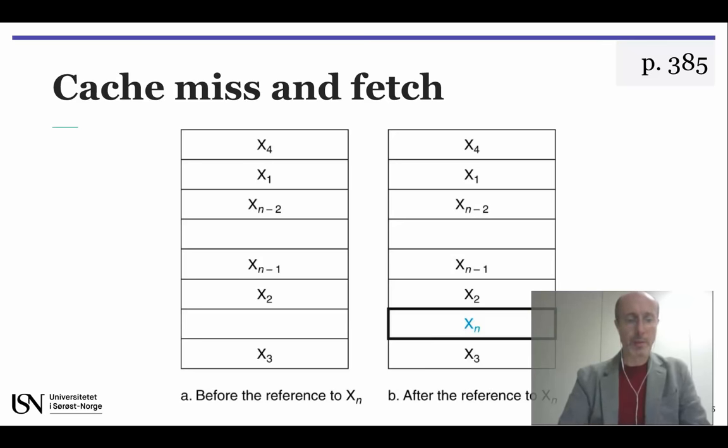So when the CPU wants to access it, we have a cache miss, and the execution of the program has to be delayed while the item is fetched from the main memory into the cache, as shown on the right here. So we may ask, how do we know that item xn should be stored in this specific memory cache position when we fetch it from the main memory?